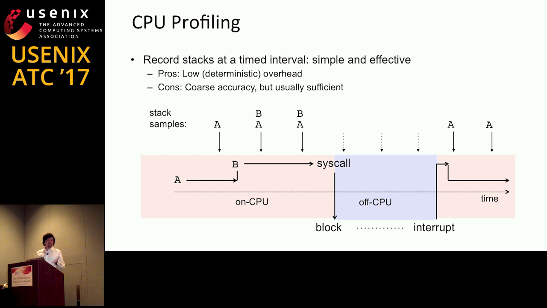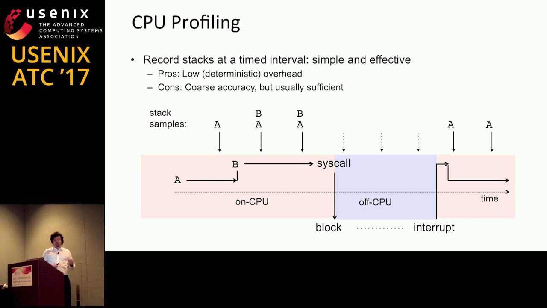The advantage is it has low overhead. The disadvantage is it has coarse accuracy. So I may miss activity that happens between my 10 millisecond samples, but it's usually sufficient as I'm taking samples for maybe a minute or 2 minutes for an application. And I'll end up with thousands of samples, and I'll be able to see what's going on.